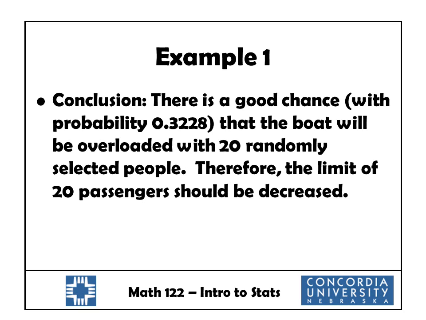Should it be decreased down to 19, or do we need to go down to 18 or 15, or what's a low enough limit? Doesn't matter how low we set the limit, there's always going to be some probability that their mean weight is greater than 175. So there's always going to be some chance that the boat is overloaded. Determining just how low that chance should be is a whole other topic.